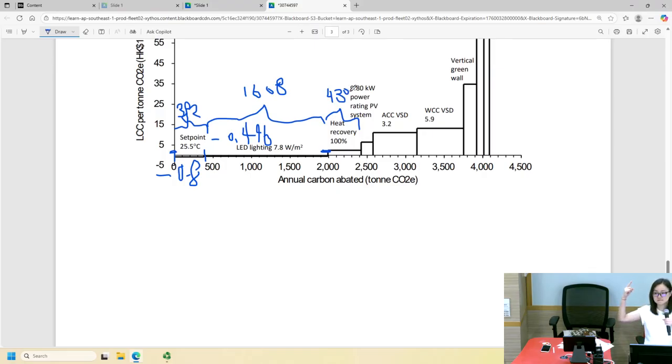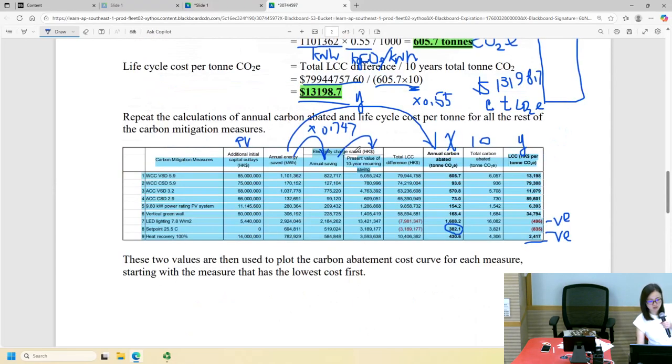So the calculations are not difficult. Just convert the future money into the present value, then find out the net life cycle cost and the annual carbon dioxide reduction.